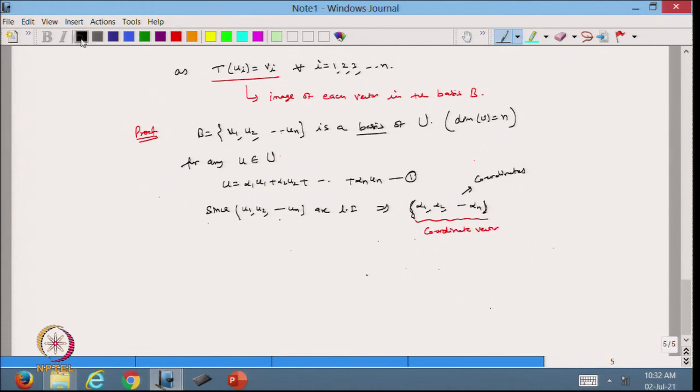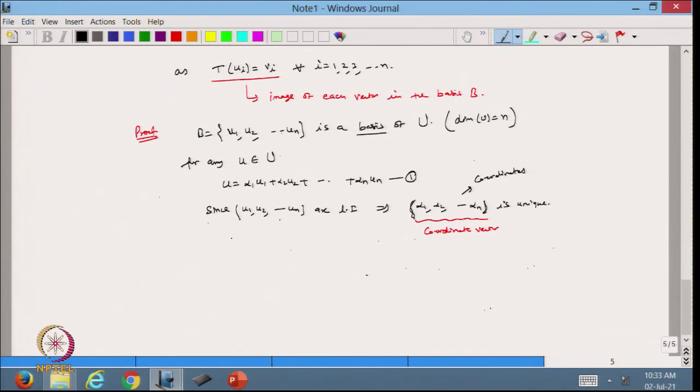This coordinate vector is unique, meaning this system is not going to have infinitely many solutions, it is going to have a unique solution, because the vectors are linearly independent. So, I know that the rank will be equal to n here. So, it will be the unique solution.